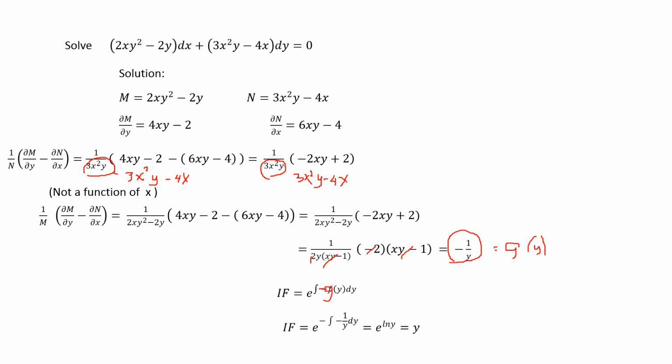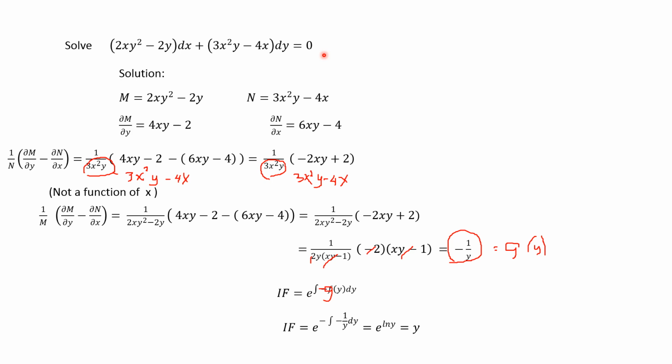Our integrating factor now is e to the integral of the negative of the negative 1 over y. This is e to the ln of y, which is y. So what we do is multiply both sides of this by y.